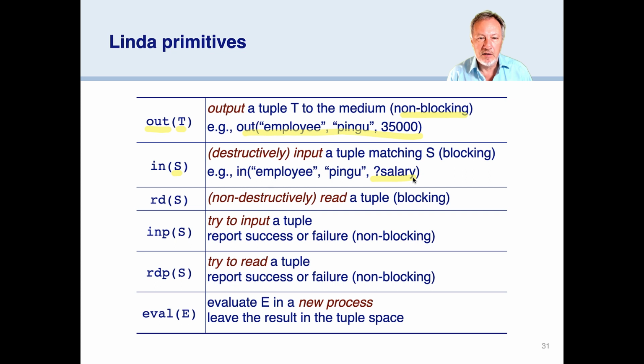So in S is a blocking operation that destructively reads a tuple from the tuple space if it matches the query S. So if we say in employee pingu $salary, that will match any tuple where the first value is the string employee, the second value is the string pingu, and the third element of the tuple is any value. So this will match in particular this tuple, if it's been put in the tuple space, consume that tuple, and it will bind the variable salary to the value 35,000.